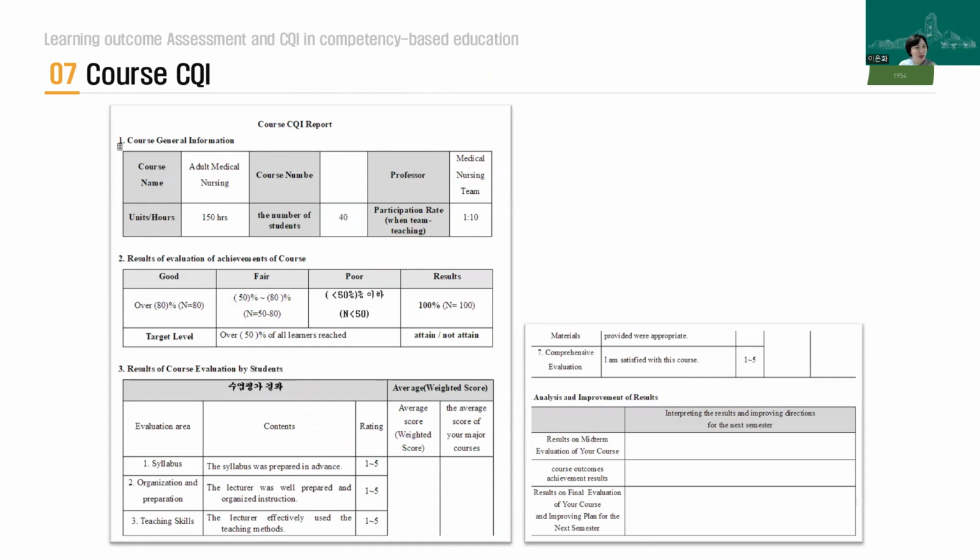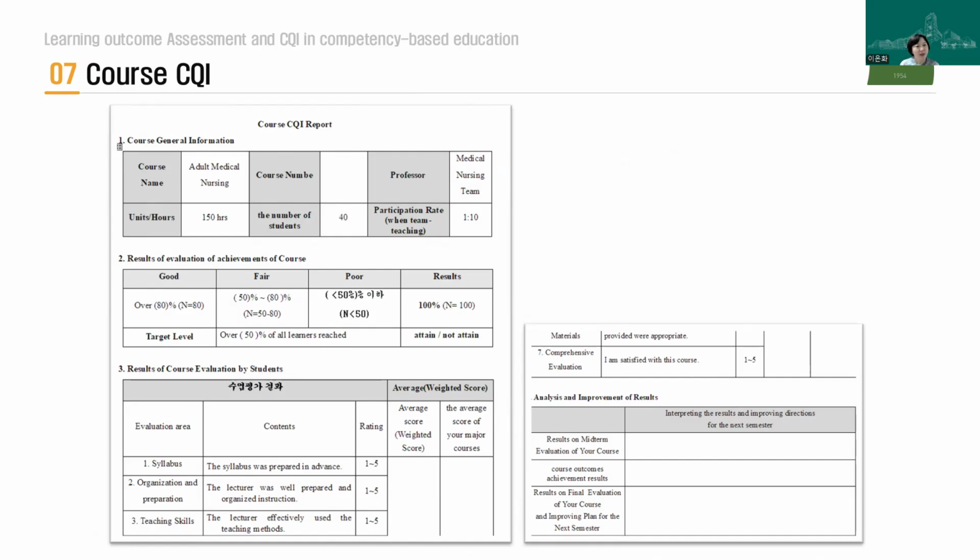The right page contains materials evaluation, comprehensive evaluation, and analysis and improvement results: results on the midterm evaluation of your course, interpretation of midterm results, what works and what didn't. Course outcome achievement results: which outcomes were achieved, which fell short. Results on the final evaluation of your course and an improvement plan for the next semester. The final assessment analysis, with specific improvements for the next offering and concrete action plans.